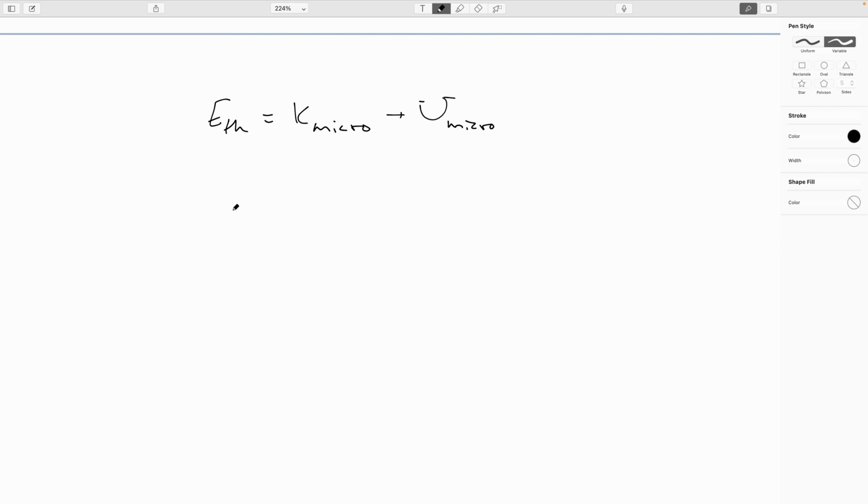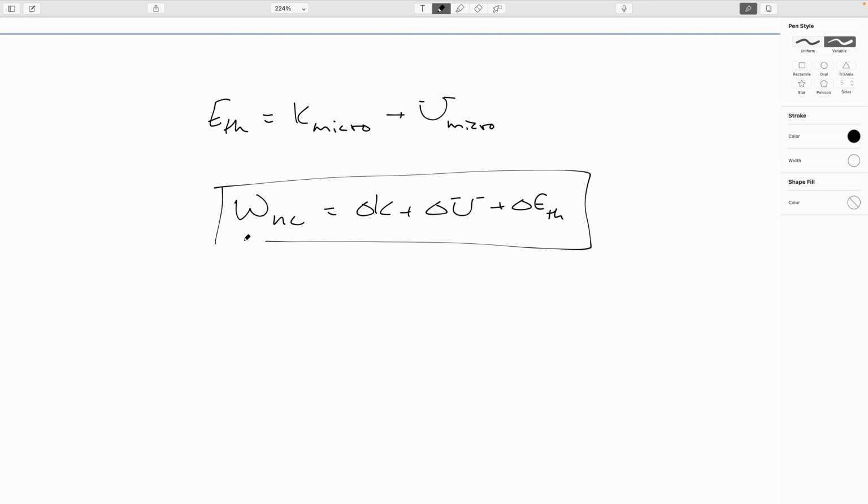And so if we want, we could put that in as well. We can say that the work done by non-conservative forces is equal to delta K plus delta U plus delta E thermal, if we're wanting to keep track of where the internal energy goes.